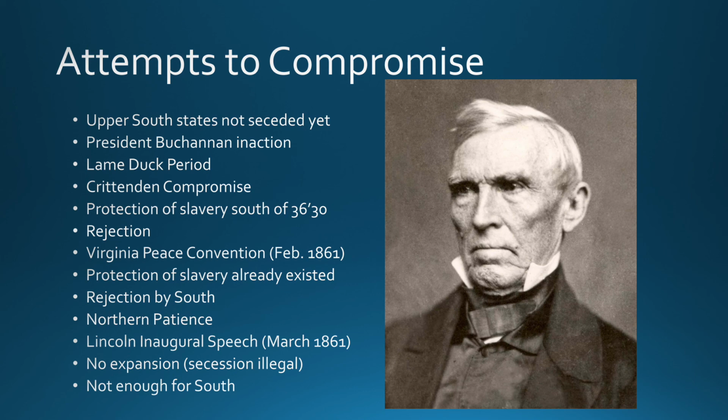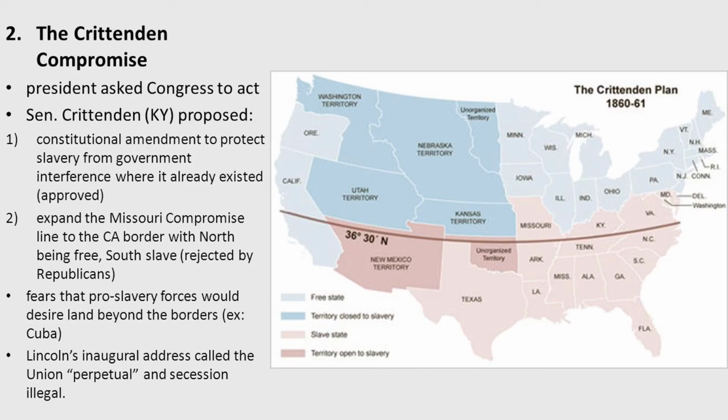All right, here's Crittenden and his attempted compromise. And then you can see here some more stuff about this. Again, the amendment to protect slavery where it already existed, that was largely okay, at least for the North. And then expanding the Missouri Compromise line, that was rejected by Republicans, and that was a problem.